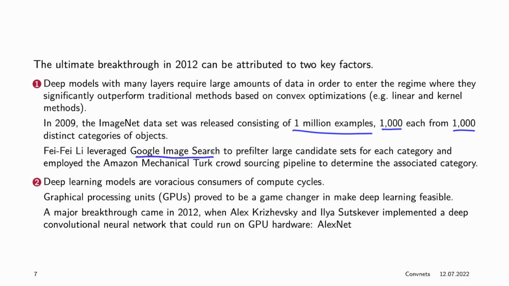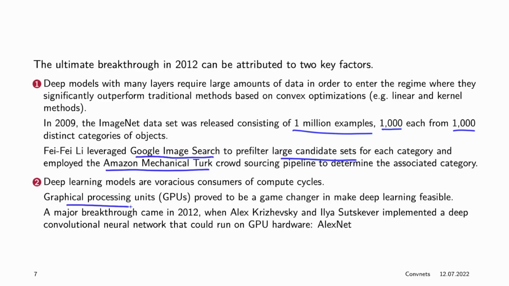It was the researcher Fei-Fei Li who leveraged Google image search to pre-filter these large candidate sets of images for each of those 1,000 categories, and then used Amazon Mechanical Turk, so click workers, to crowdsource the labeling of the images. So that was the first component.